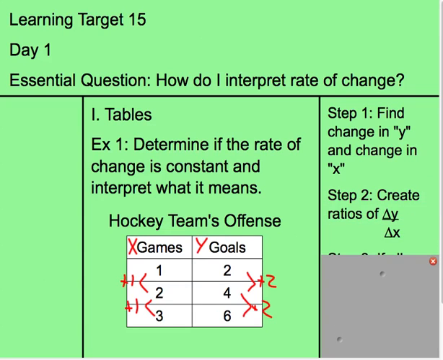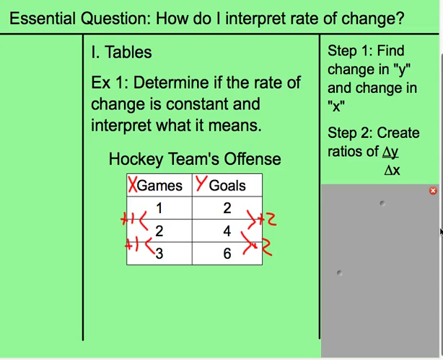Once we have those values, we are going to set up a ratio. Looking at my first ratio, it's change in y over change in x. So my first ratio is 2 over 1. The triangle means change in.